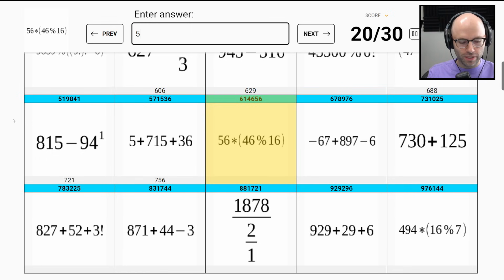14. 56 times 14. It's 560 plus 56 times 4, which equals 200 plus 24, which equals 224 equals 784.